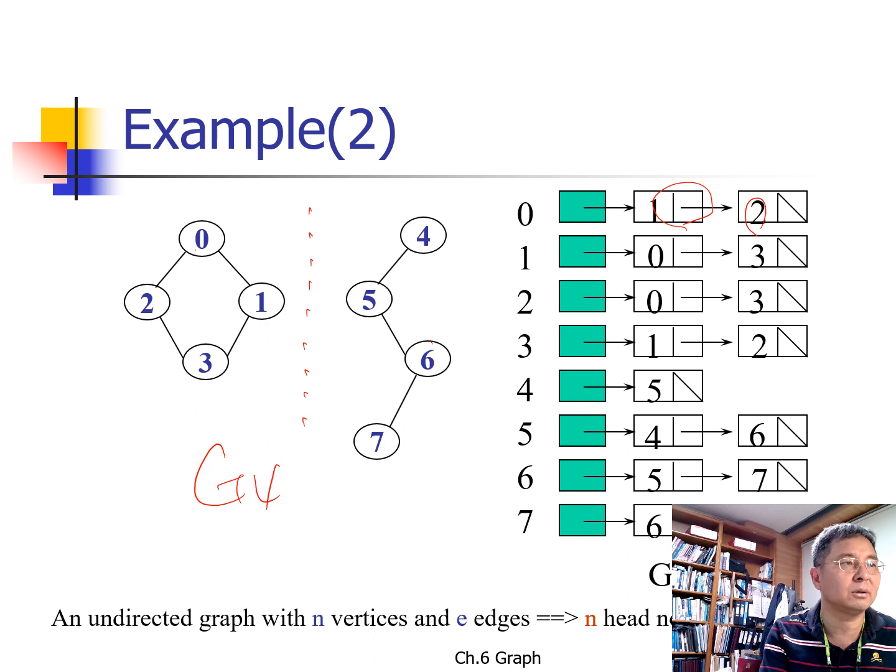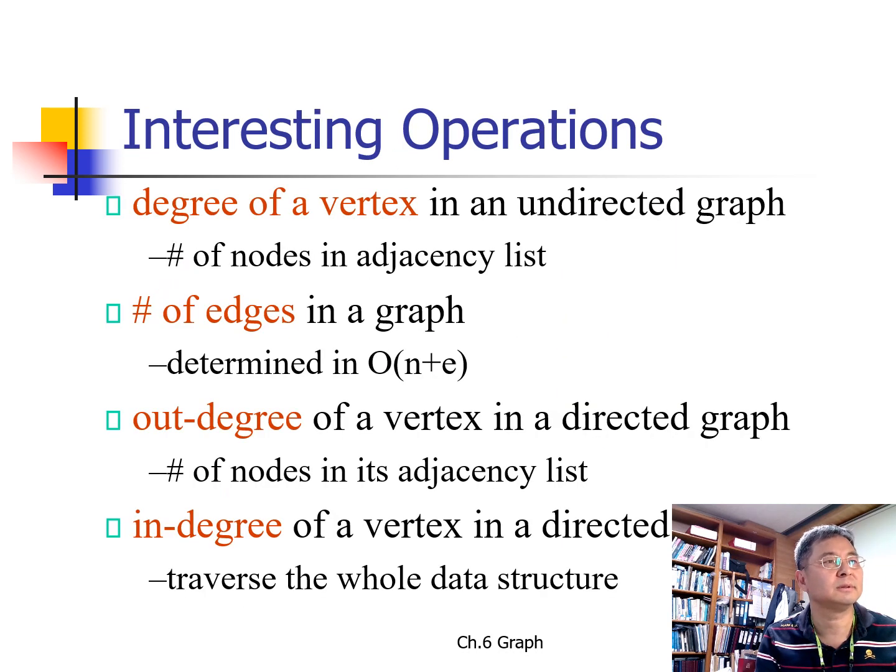So from 0, the incident vertices are 2 and 1. So 2 and 1 are linked by a linked list. Okay, so this is a linked list representation for the G4 example. And that's all about how to represent a graph using an adjacency matrix and an adjacency list.